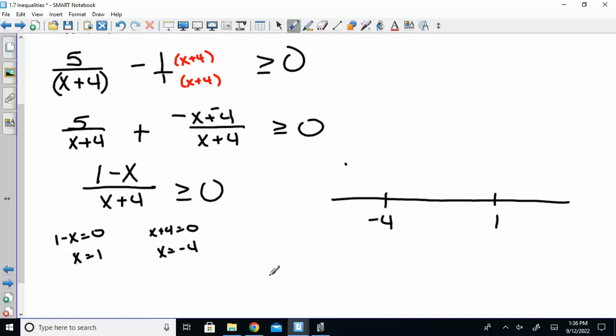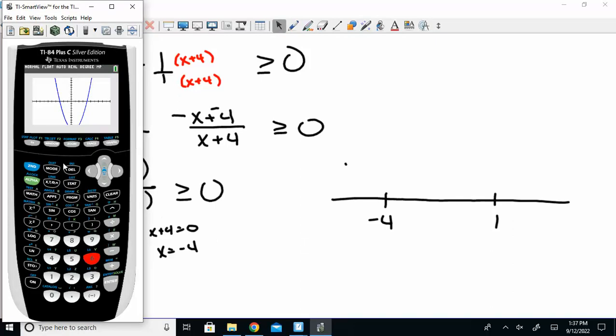On these, you will need to graph them every time. There's no set rule about what they're going to look like. So we are going to graph this fraction right here. Make sure you put the top in parentheses and the bottom in parentheses. So go to your calculator.